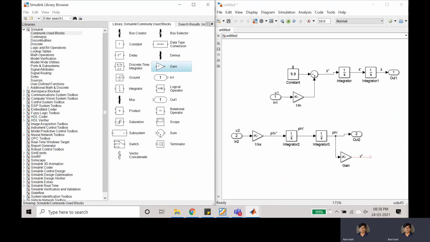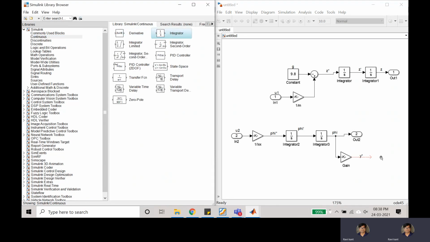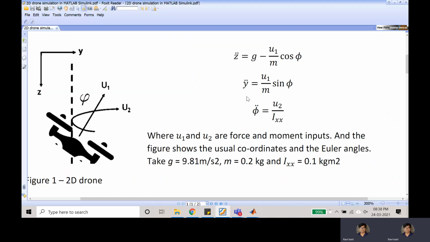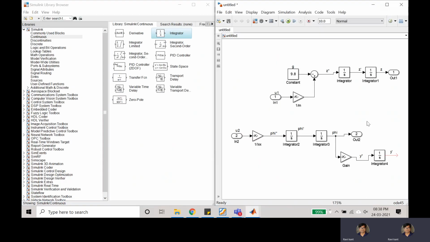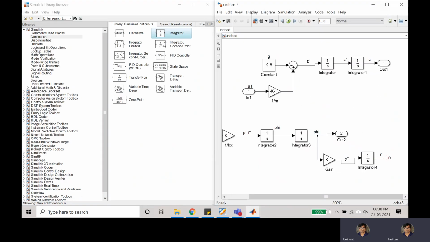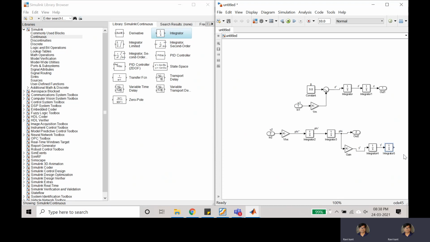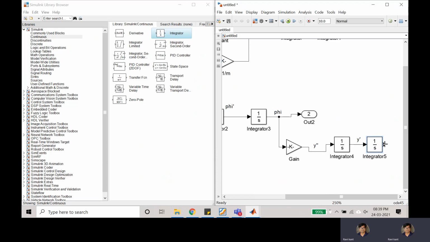Now I'm going to integrate it, and the signal that will come out would be y dot. Okay. And again I am going to integrate it, and then I will get the y information.